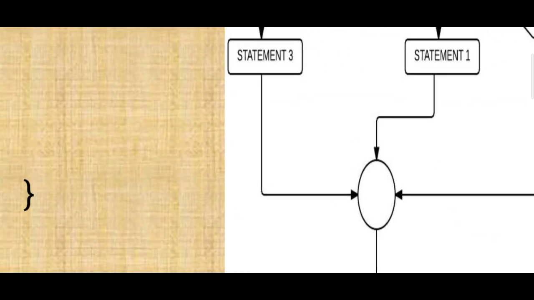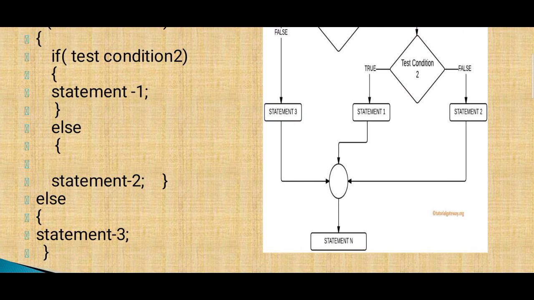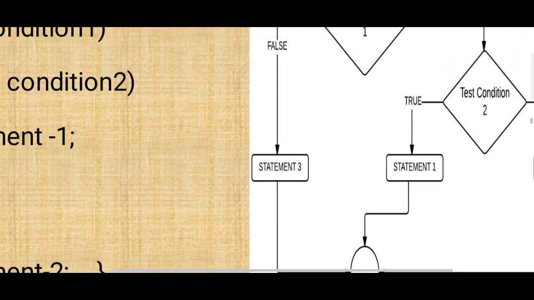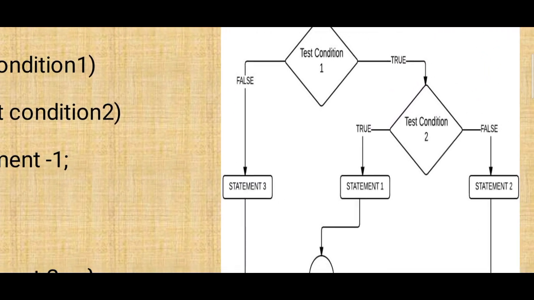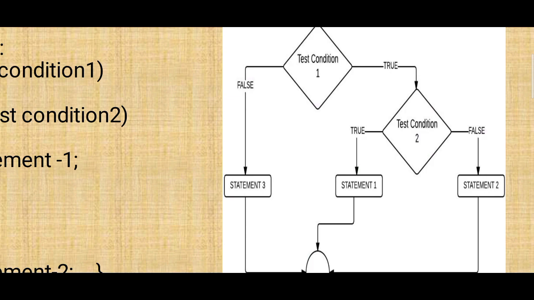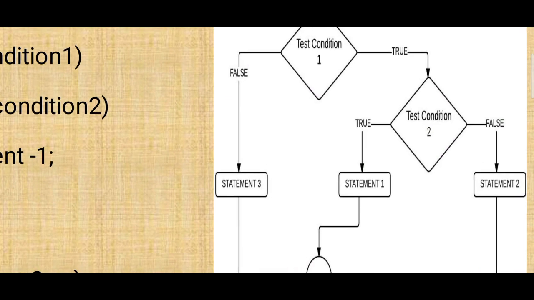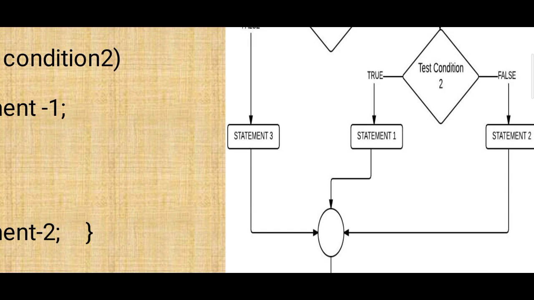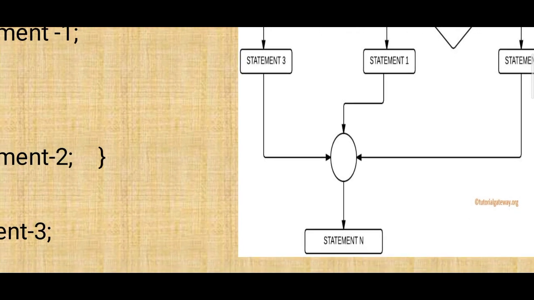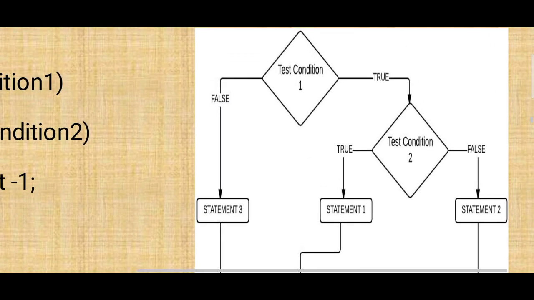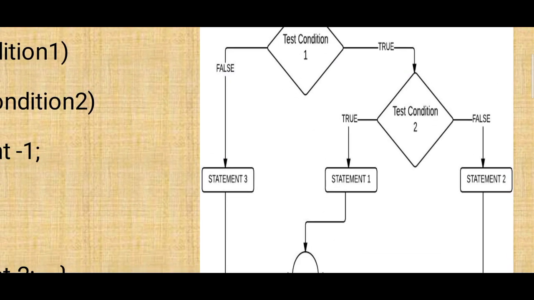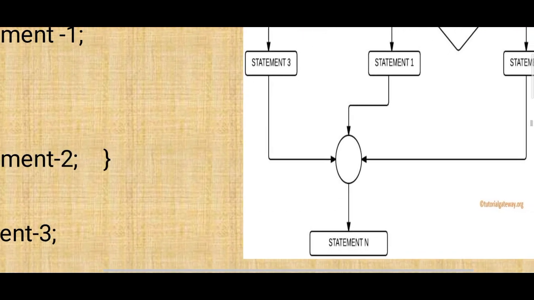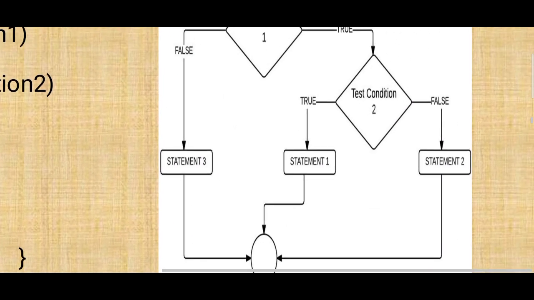Here test condition 1 is true, it goes to test condition 2, again this is true, statement 1 is executed, and then it goes to statement n. If the test condition is false, it goes to statement 3 and then to statement n.